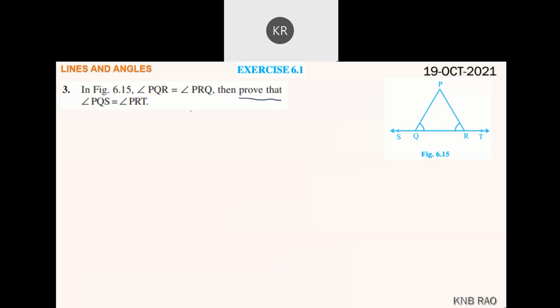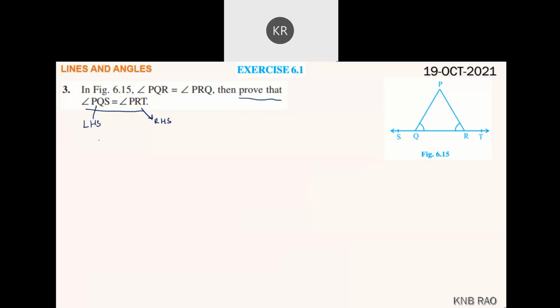See children, this is a prove-that question. Whenever you get a prove-that question, it is just like a theorem only. We always start with either the left hand side or the right hand side of the prove-that statement. We will start with any one of them and approach the other.